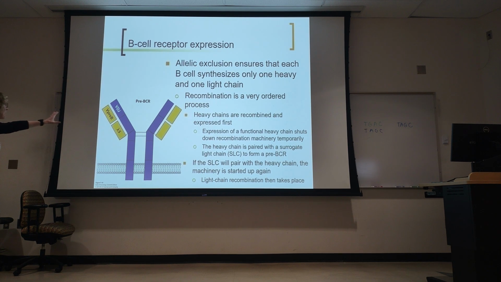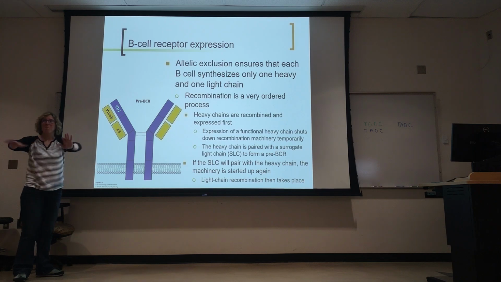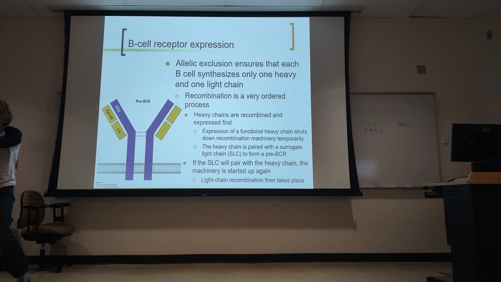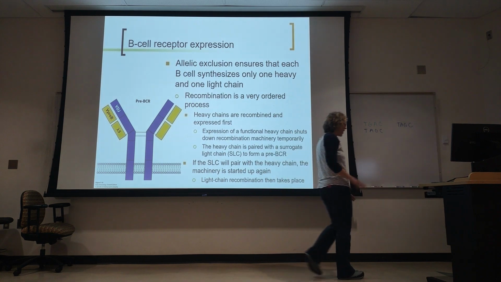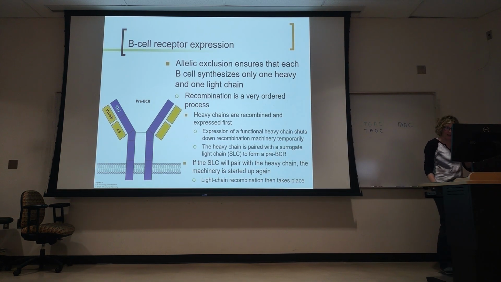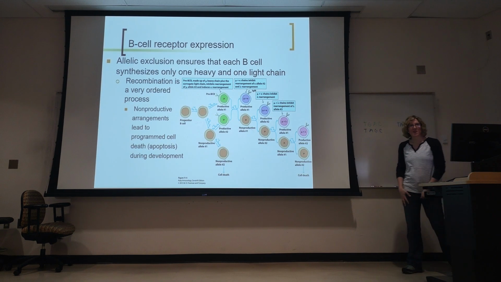So this acts as a protector. It keeps this thing from binding onto things and turning on signal transduction and getting the cell to try to do a behavior it's not ready for yet. It's still maturing. So this placeholder takes care of the heavy chain molecule while we wait to receive a functional light chain molecule. So let's just make sure that the heavy chain stays there. It's good. It's waiting for its new light chain partner. So light chain rearrangement starts to take place.